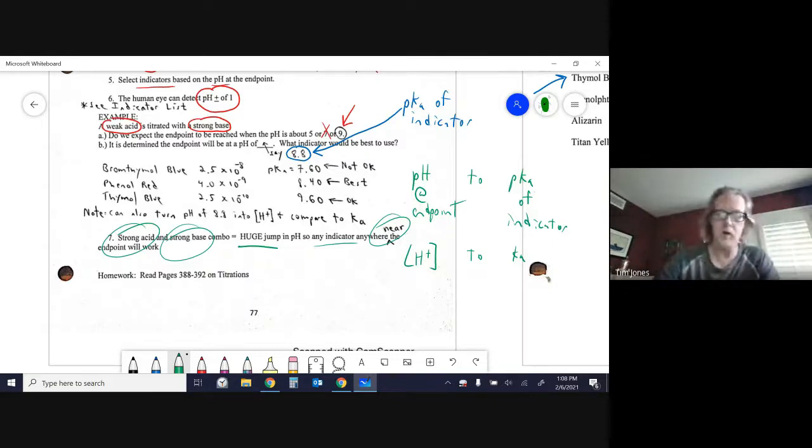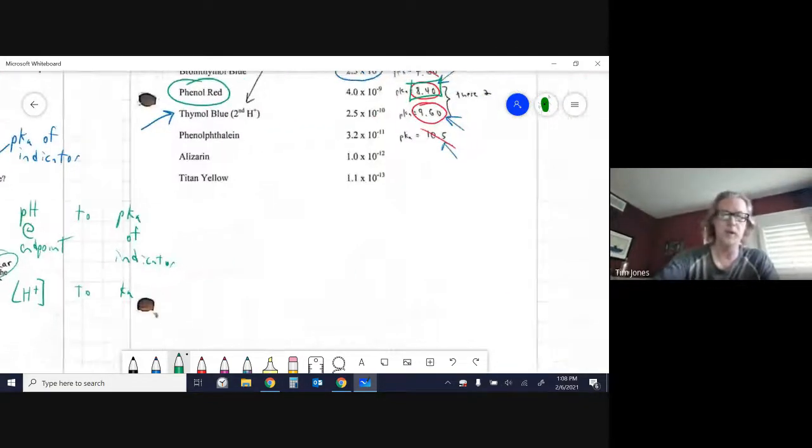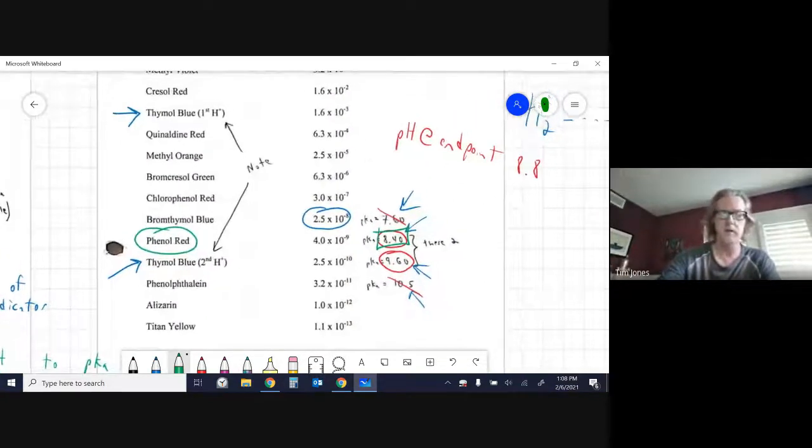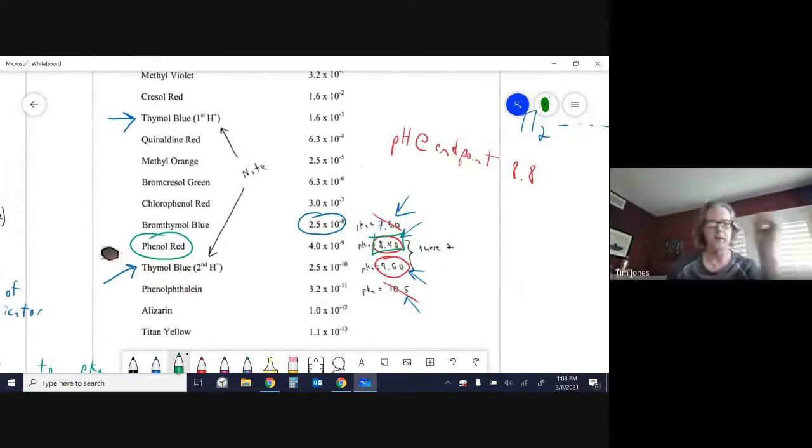So if you know that it's a strong acid and a strong base, and you know that it's going to be near a neutral pH, if you had a choice, something right about here and here would be decent options. Using phenolphthalein way down here, it works, but it's not necessarily the best choice. So sometimes you just do it based on what you have available.